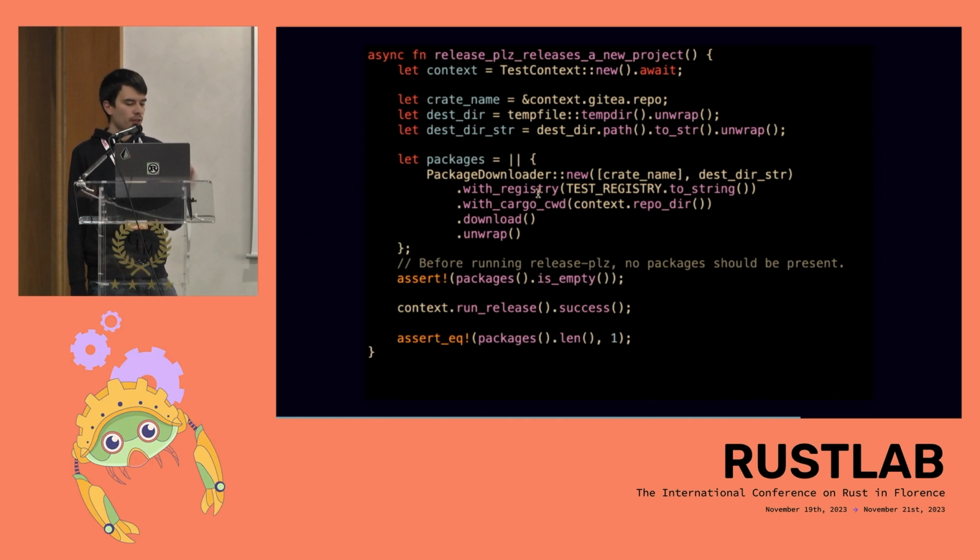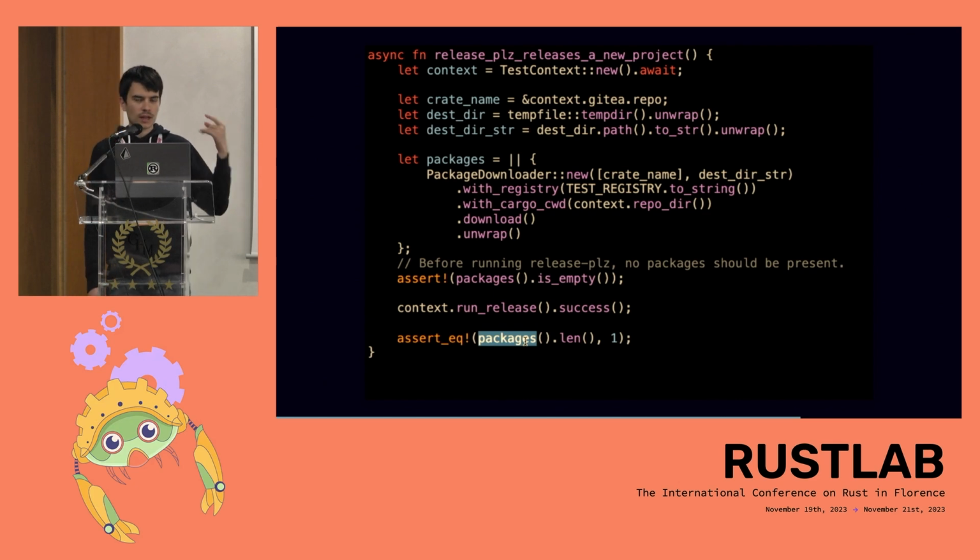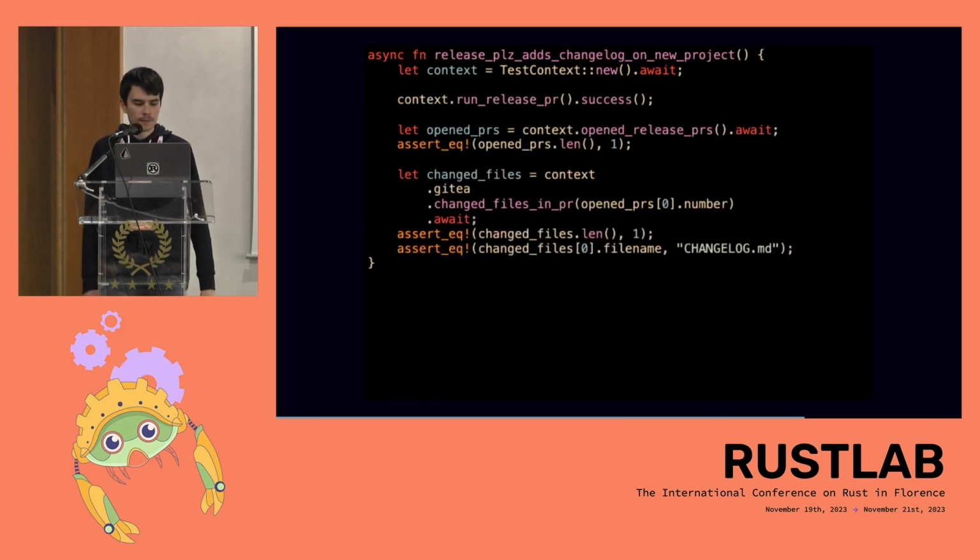And then first I assert that there are no packages, right? This is a closure. So I run Release-plz again with the release command, and I check that now there is one package. So I'm confident that the release published the package successfully.